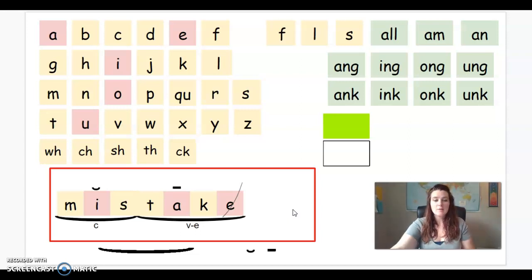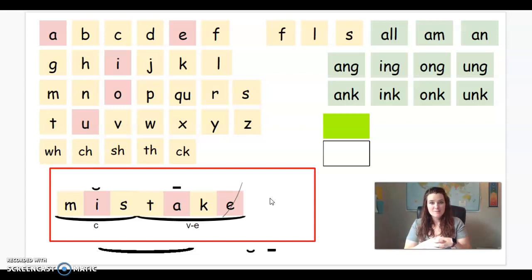Let's take our time. So our first syllable is right here. M-is, miss. Let's read our second syllable. T-a-ke, take. Let's put them together now to make our word. Mistake.